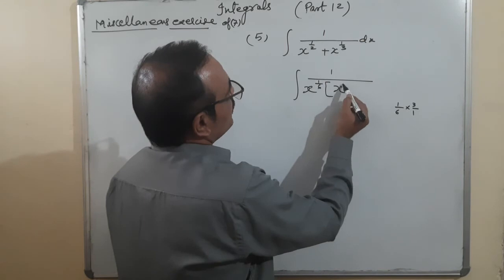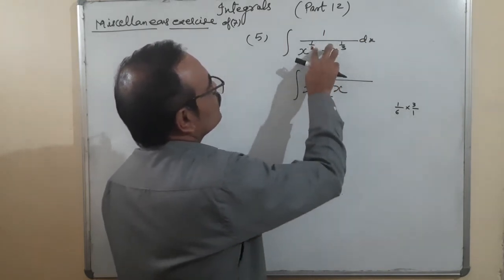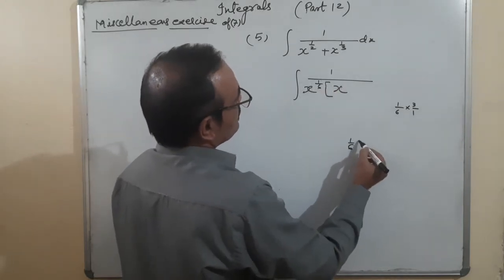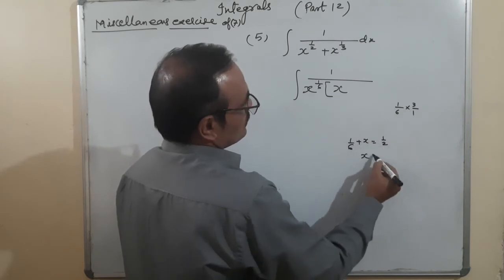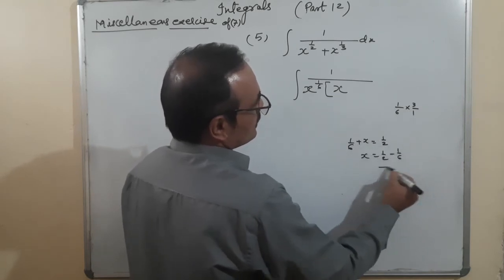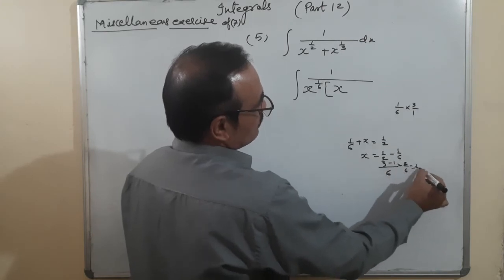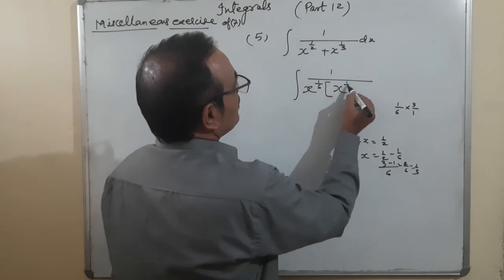Which number should be written here so that the sum of these two terms is equal to 1 upon 2? Suppose 1 upon 6 plus x is equal to 1 upon 2. So x is equal to 1 upon 2 minus 1 upon 6, LCM 6. It is coming 3 minus 1, 2 upon 6, 1 by 3. So here I can write 1 by 3.